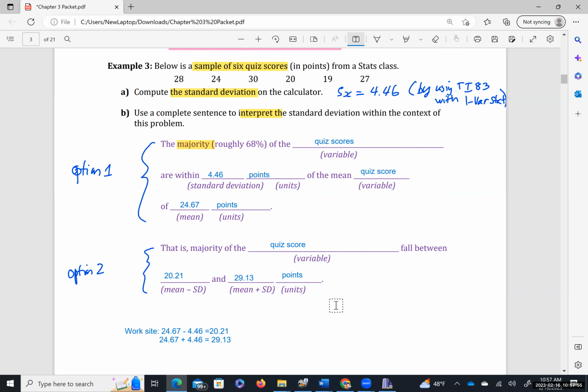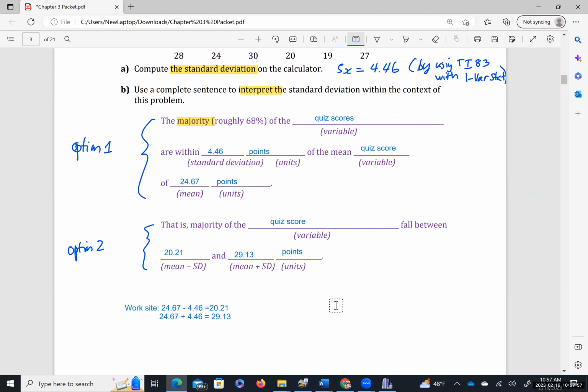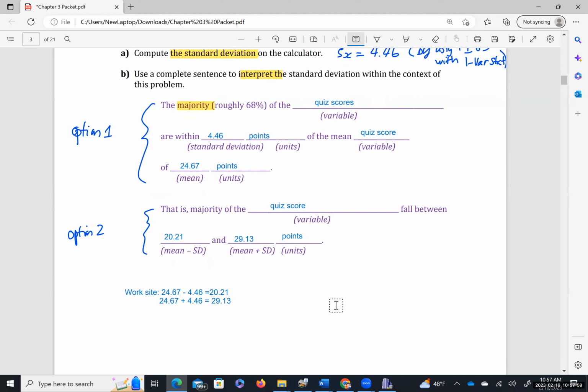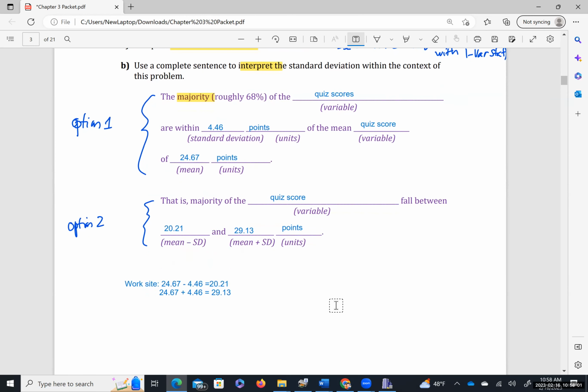Okay, now I'm going to move down to the next one. But I think I'll just draw you a rough graph of the symmetry for this case. You can think about the mean always being in the middle, which is 24.67, right?